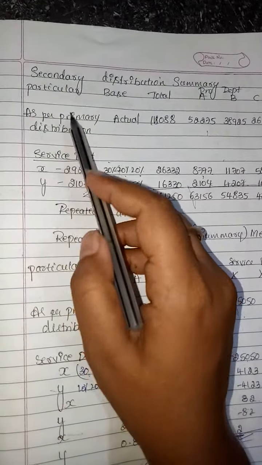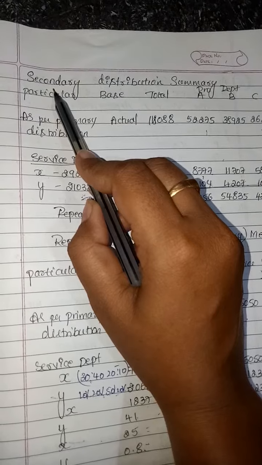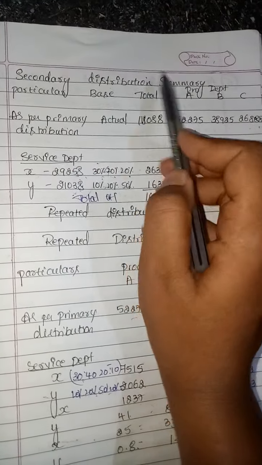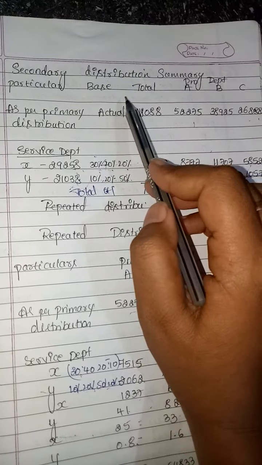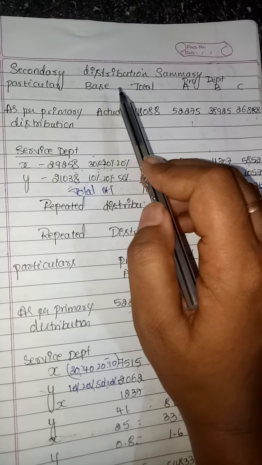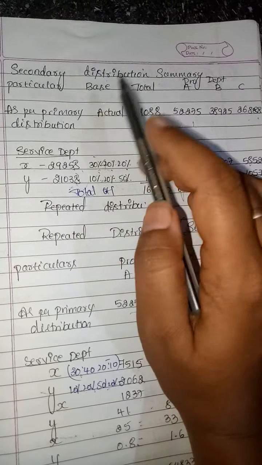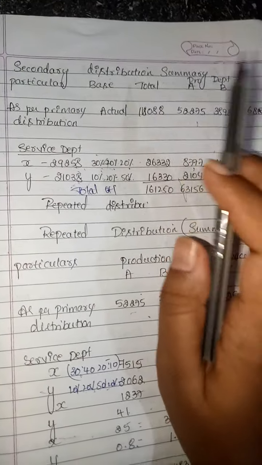After calculating that, next we need to prepare the secondary distribution summary. Secondary distribution summary, already I told you people, what is the income you are getting in the secondary service department. We need to apportion the values to the production department.